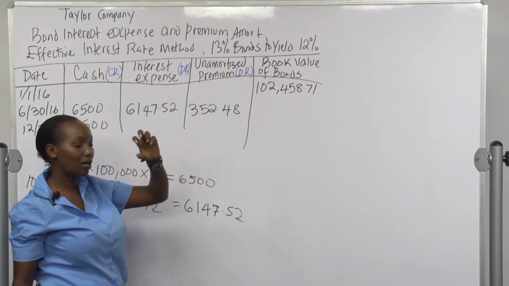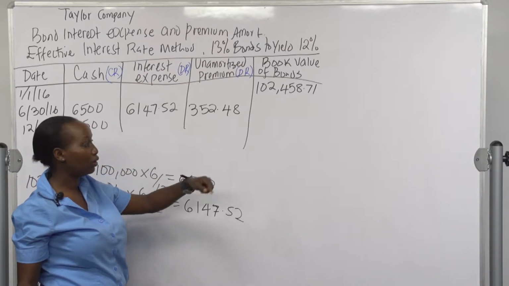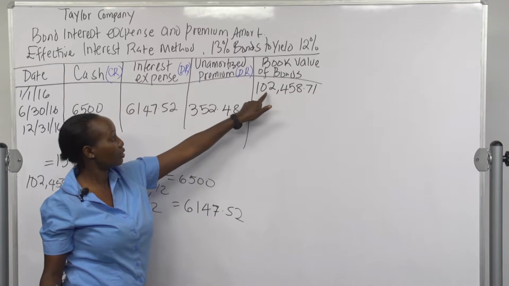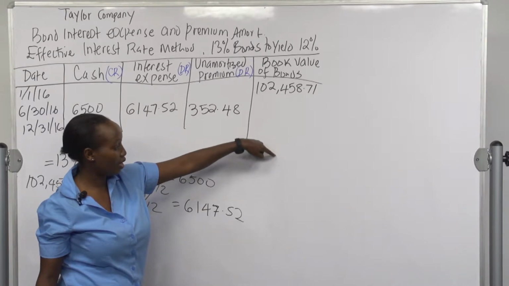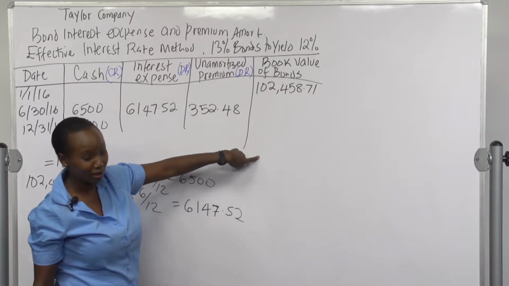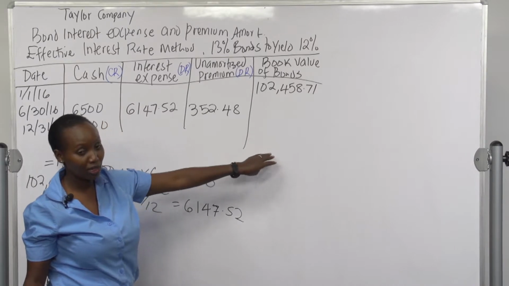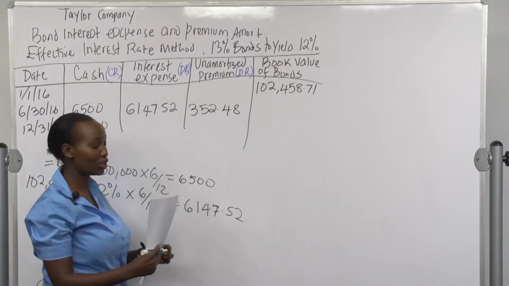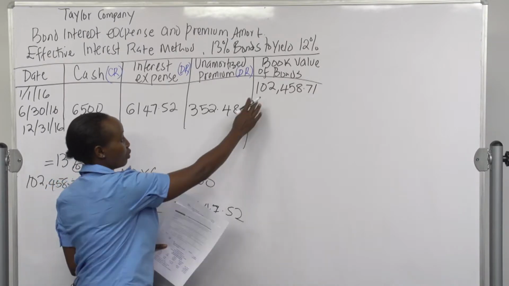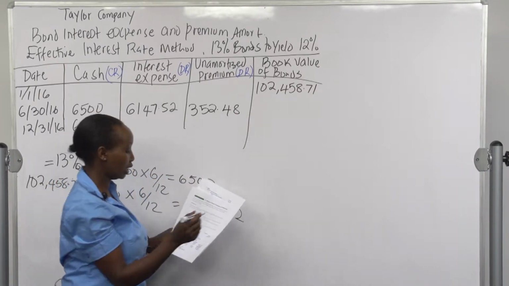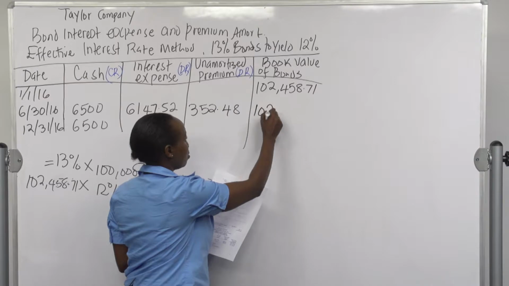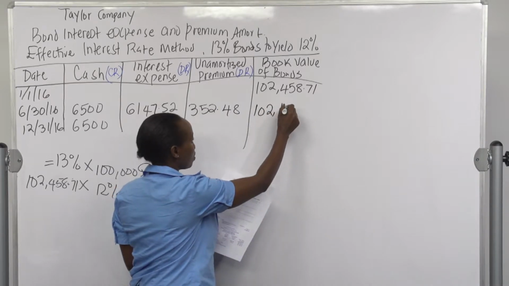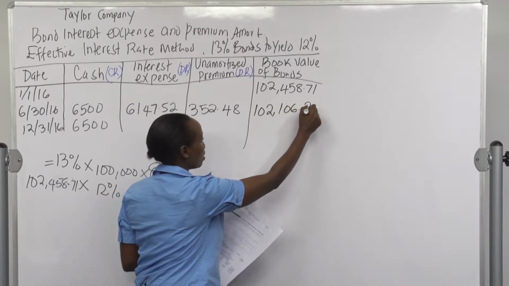We'll take the amortization, so we're methodically decreasing this, such that at the end of the amortization, the last number would be 100,000, coinciding with the date the bond matures. We subtract this from it and end up with 102,106.23.